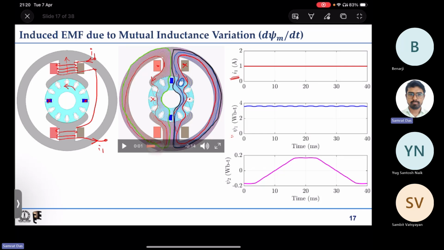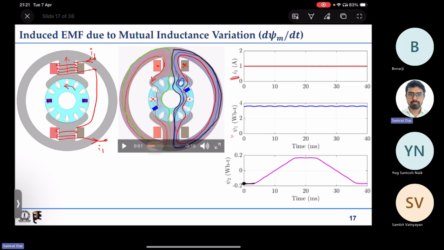So earlier at this position, all the flux lines were linking the blue conductor, but in the opposite direction. That is why it had negative flux linkage and negative peak flux linkage. With rotor rotation up to some point, probably like this, still all the flux lines are linking the blue conductor, so it is reasonably constant here.